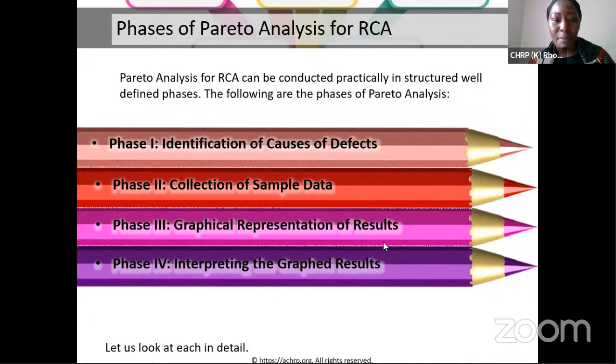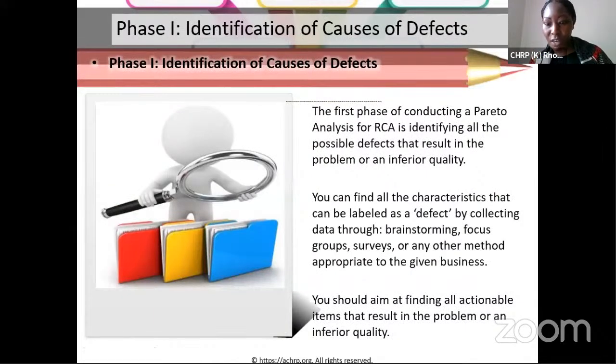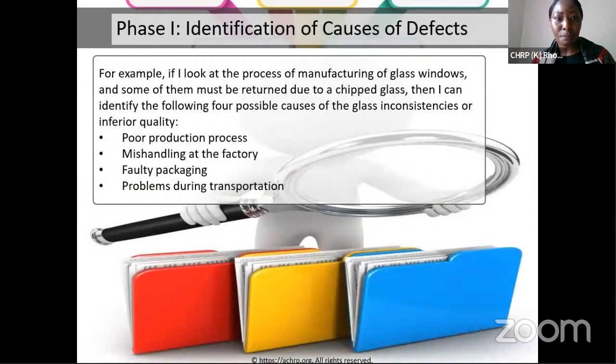Then after you do the sampling, you go to graphical representation of the results, because you cannot pick all the data. Now you use the sample and you do a graphical representation the way I've taken you through. Then from there, it is the interpretation of the graphed results. So let's look at each at a very high level. I think for identification, I've already explained what that entails.